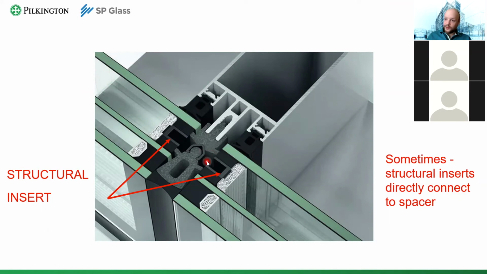Now here is also a difference because this insert is not separately inserted into the silicone, but rather connected to a spacer. So here you will have this sealant holding all of your glass. One camera, meaning two glasses, is hanging on this spacer.